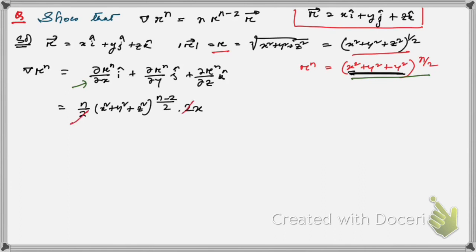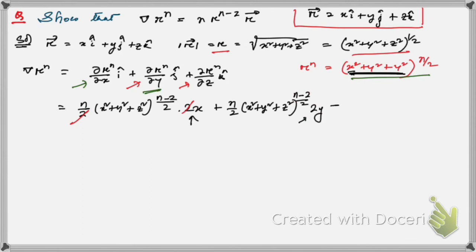If you differentiate this, then you will get 2x here. Similarly you can find the partial derivative of r to the power n with respect to y, right? But here the result will be same as this, but instead of 2x you will get 2y. That is the only difference you will get. So let's do it.